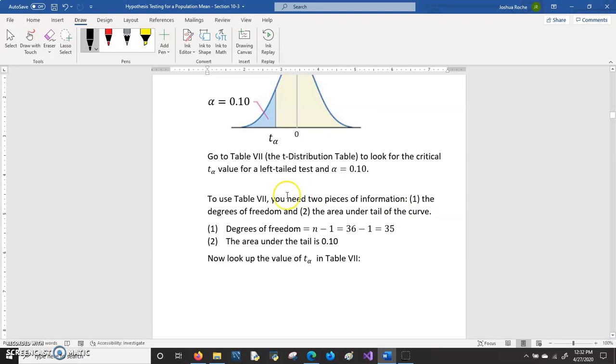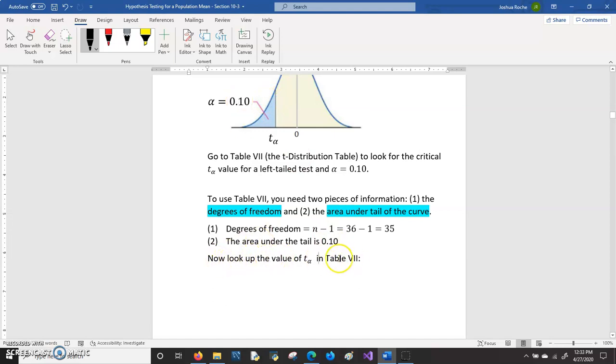To use table 7, you'll need 2 pieces of information. You need the degrees of freedom, and you need the area under the tail of the curve. The degrees of freedom is n minus 1, so 36 minus 1, that's 35. The area under the tail is 0.10, that's the alpha.